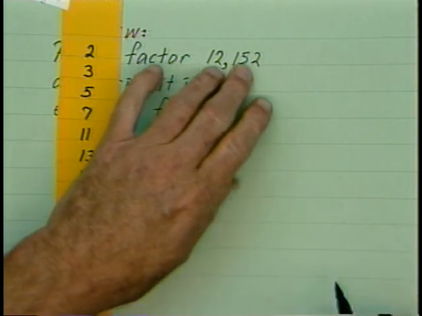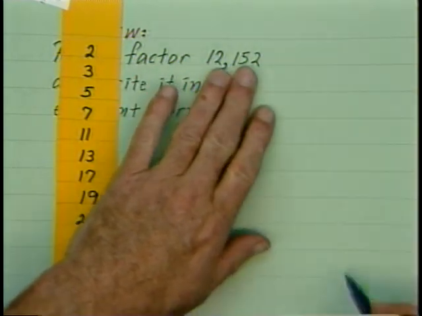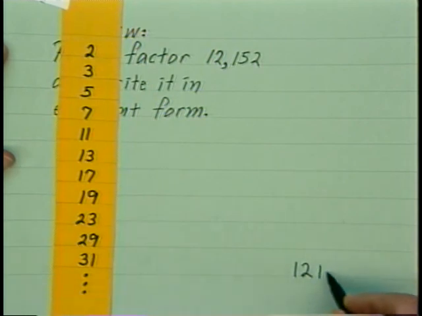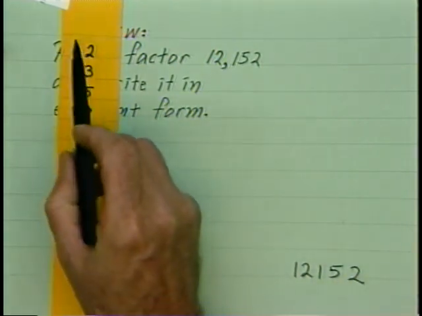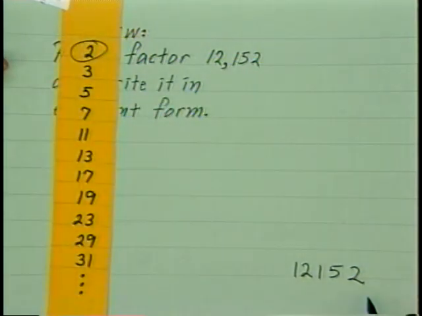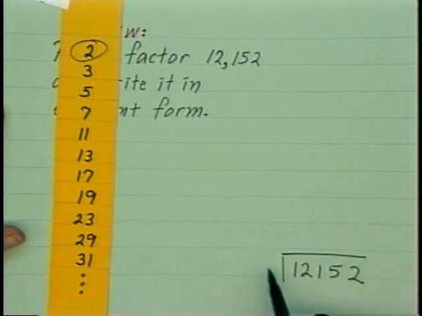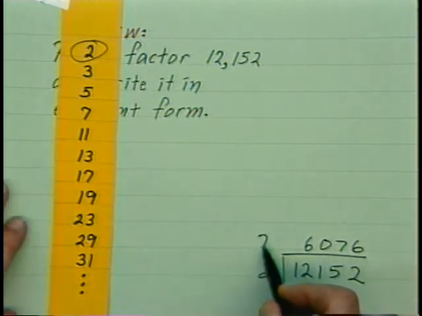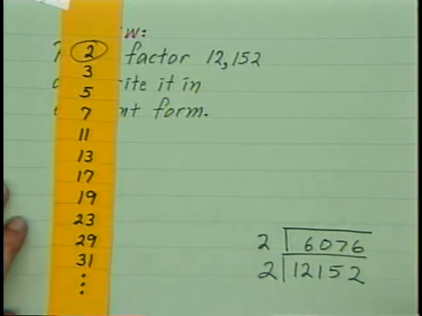Then we begin a long, it appears in this case, a long series of divisions by prime numbers. And we can cleanly see that 2 will go into this. So dividing it by 2, we get 6,076, and this being even tells me that 2 will still go in at least once more.